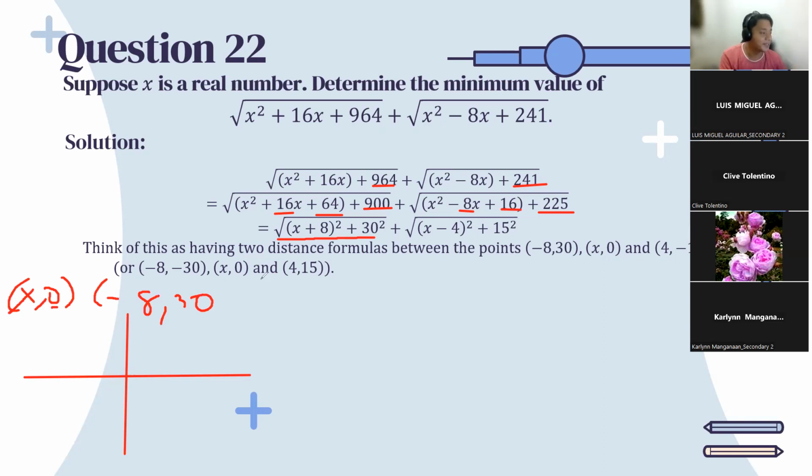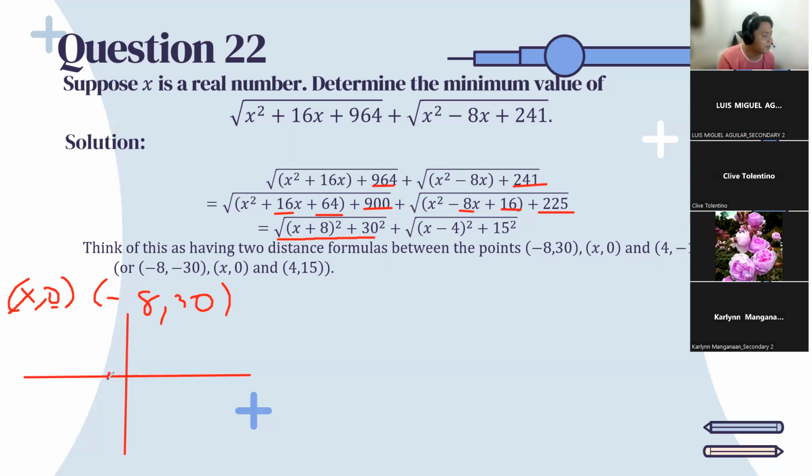But let's just analyze first. The first thing to do here is to try to graph this, or just make an estimate of the graph. So you have negative 8, 30. Negative 8 as an x value, and 30. So this is the point somewhere along that area, right? Or even closer, because that's 30.